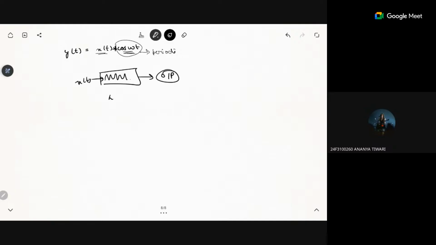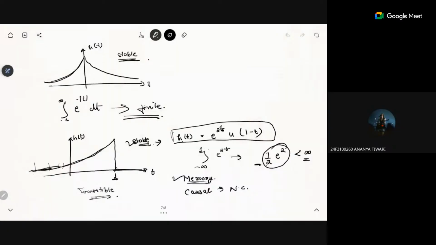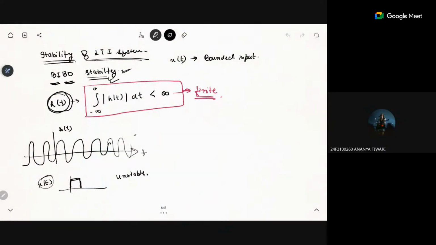As long as the system is LTI, meaning the convolution is happening, then for an LTI system, always and always there is only one condition: the integration of your ht should be a finite value. This is the only condition.